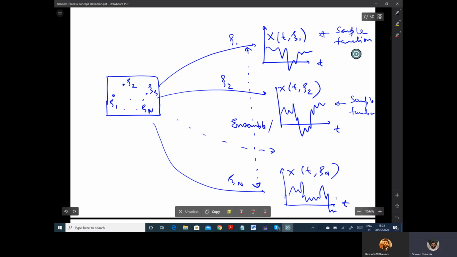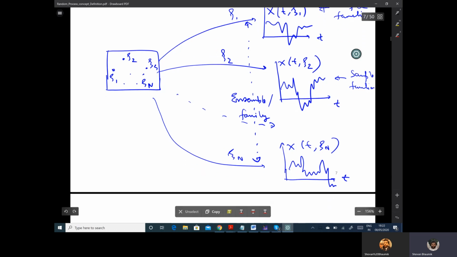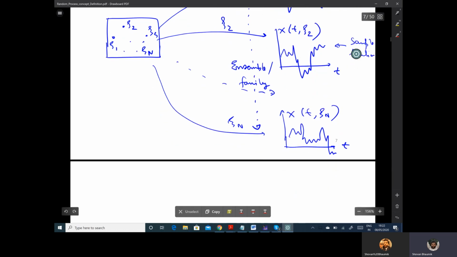Some may call it a family, but it's an ensemble. So what is the difference? A deterministic process is a single function of time, but a probabilistic or random process is a family of functions of time. That is the main difference, and that's why it's called a process.